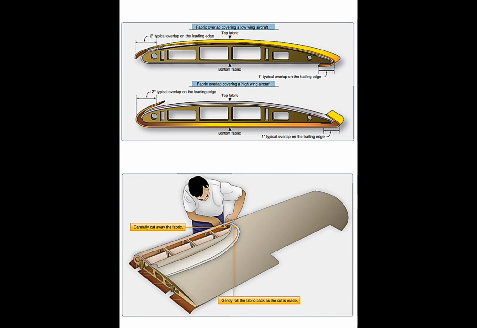What is the maximum permissible deterioration of aircraft fabric before it is considered unairworthy? More than 30% from its original required tensile strength. What should be the strength of the fabric used for recovering an aircraft?